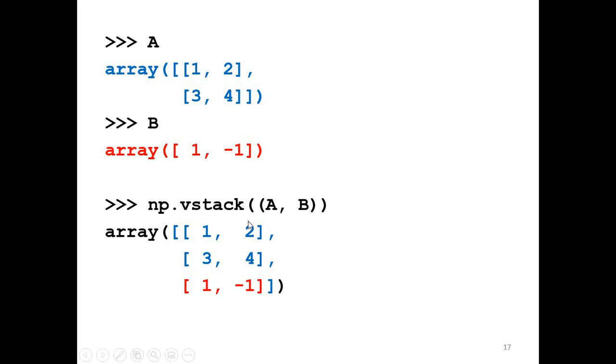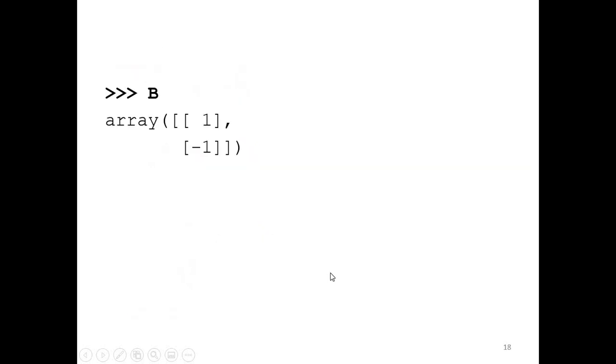So if you are vstacking this, the columns match, so it places here. This thing is technically called broadcasting. That means this data is broadcasted in the form of the previous data, and it has been placed like this.